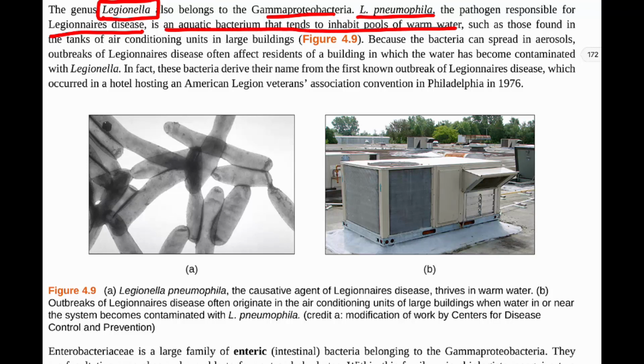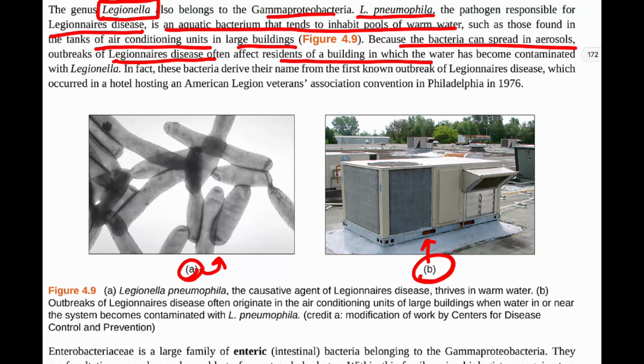This is B here, showing an air conditioning unit on top of a large building. And here in A is our Legionnaires' disease bacteria, L. pneumophila. Because the bacteria can spread in aerosols, outbreaks of Legionnaires' disease often afflict residents of a building in which the water has become contaminated with Legionella.